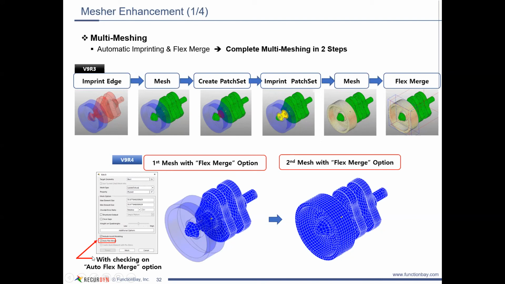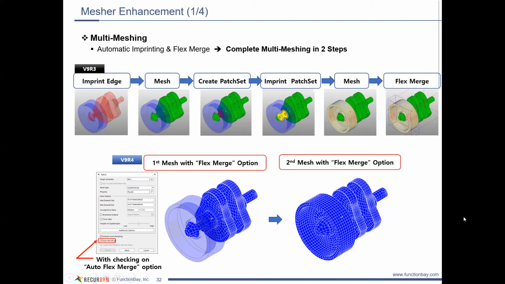So with this new capability in V9R4, you simply check the AutoFlex merge, and then you just do your first mesh, and then you do your second mesh, and things will be merged together in that body. So it really takes a lot of tedious work out of the equation when you're doing these multiple meshes.